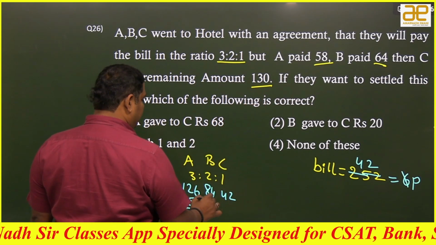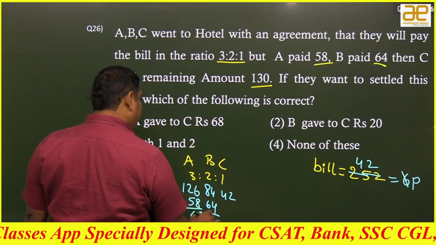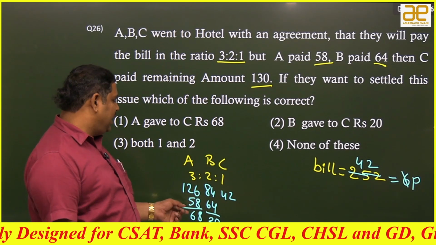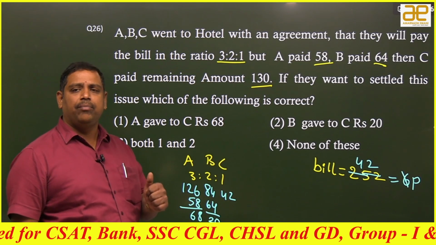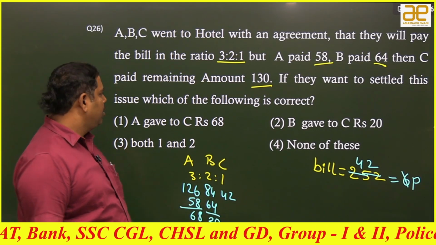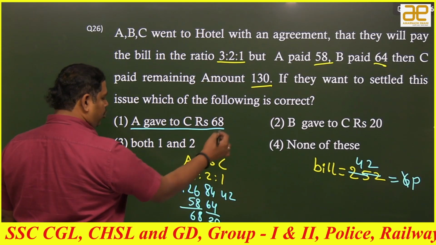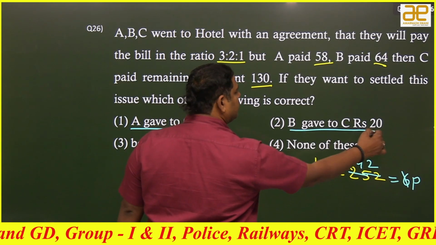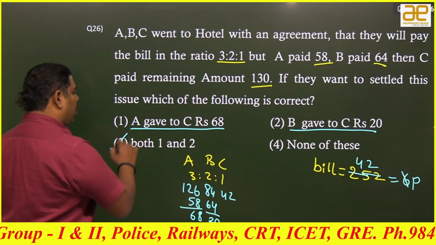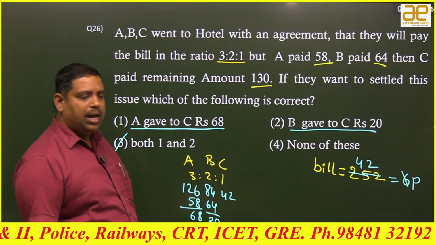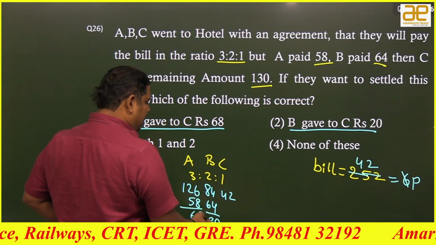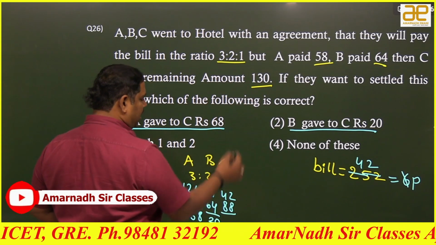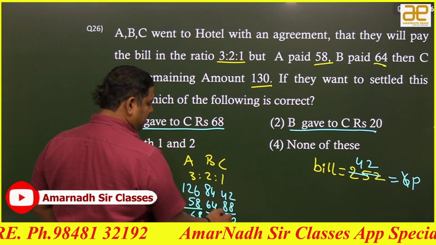How much did he pay? 64 only. So he will also pay 20 rupees to someone else. A is paying, B is paying, to whom will they pay? To C. So A gave 68 rupees to C, this is correct. B gave 20 rupees to C, this is also correct. So both 1 and 2 are correct to settle the issue. Suppose both have given 88 rupees, then how much does C get? 130 rupees. Is it correct or wrong? Verify. Yes, it is.